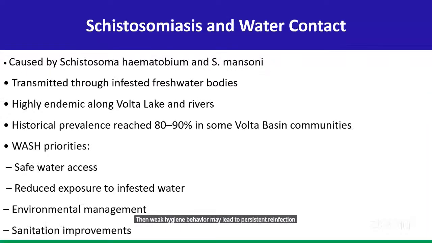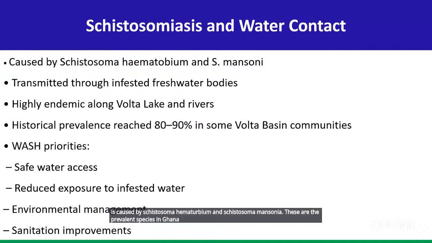Now let's look at schistosomiasis and water contact. Schistosomiasis, or blood in urine or bilharzia, is caused by Schistosoma haematobium and Schistosoma mansoni. These are the prevalent species in Ghana. There are others, but you hardly find them in Ghana.